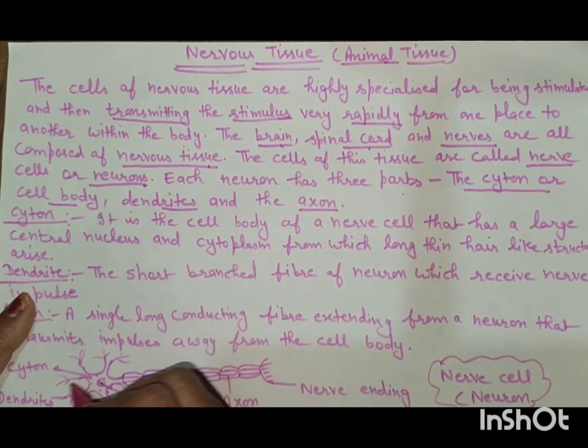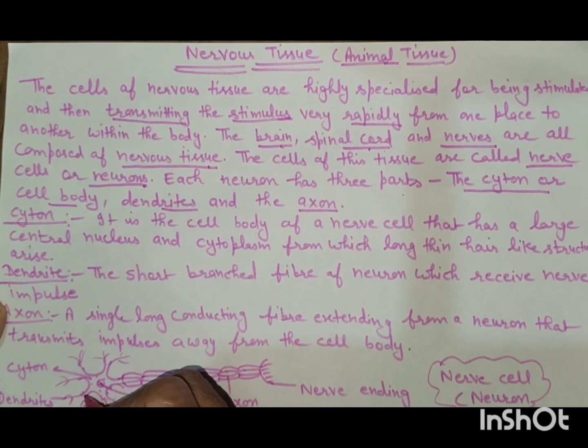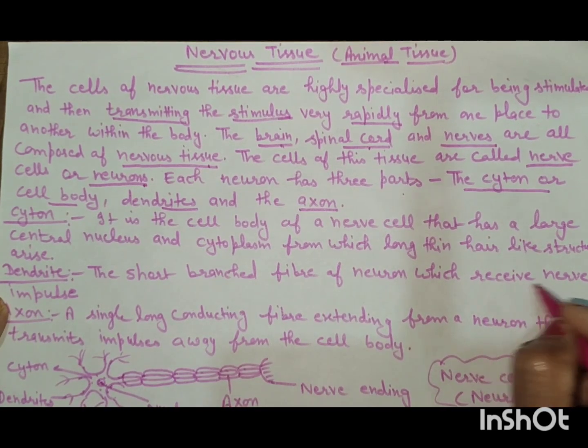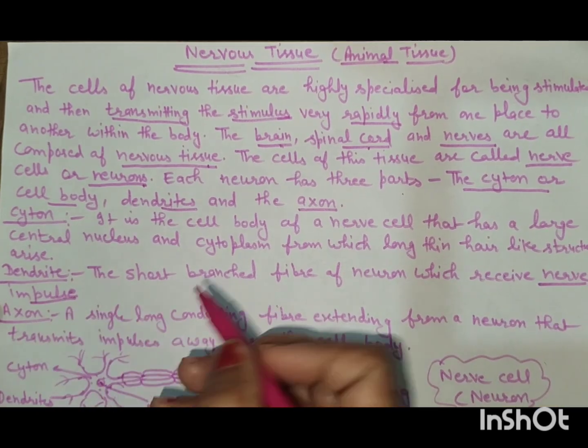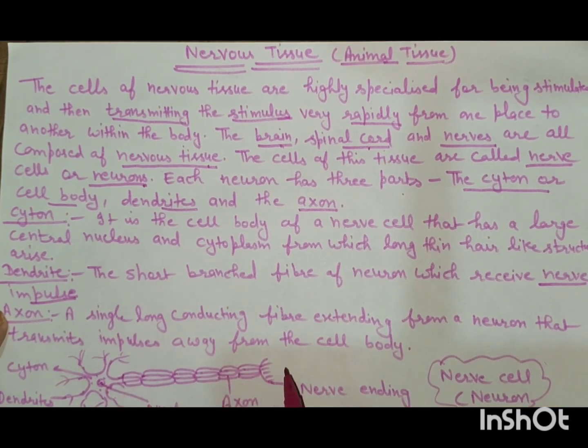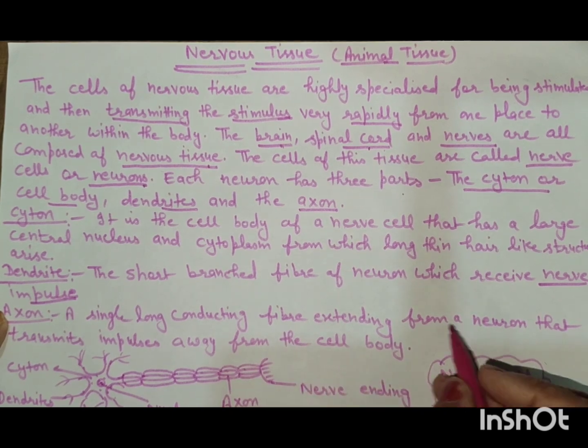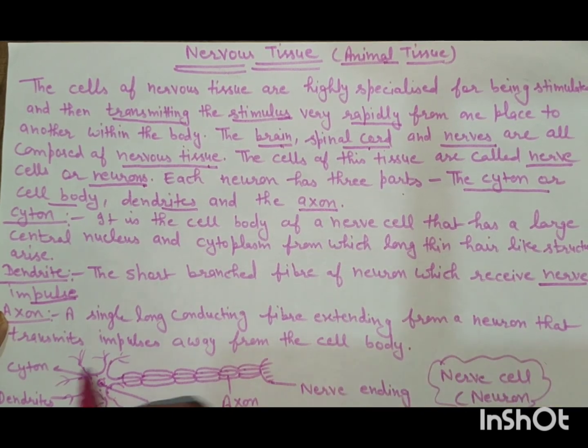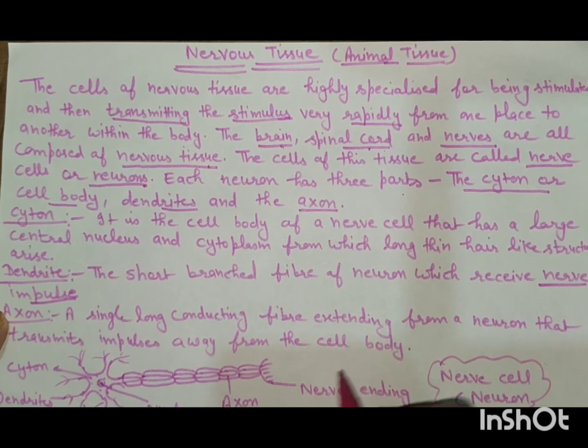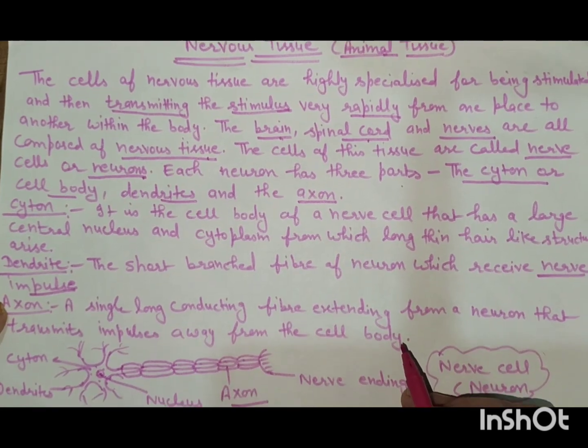These hair-like structures are called dendrites. Axon is the single long conducting fiber extending from a neuron that transmits impulses away from the cell body.